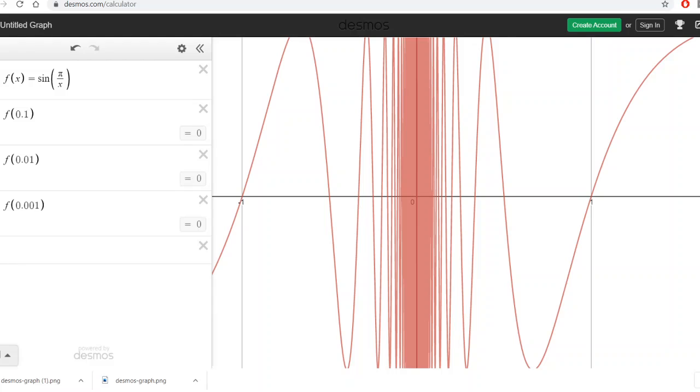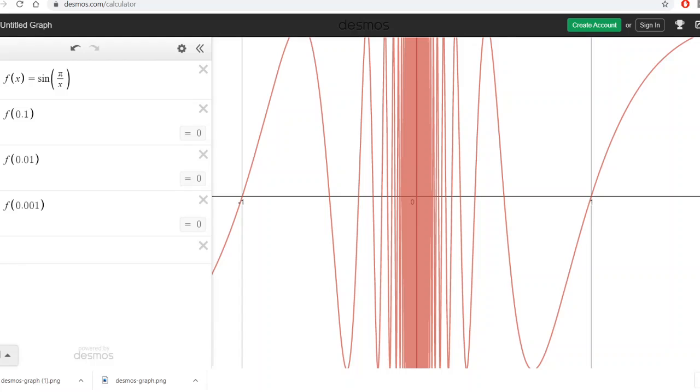But notice, even here I put f of 0.1 equals 0, f of 0.01 equals 0. So plugging numbers, it still appeared like you're getting 0, but the problem was we just happened to choose lucky examples. We thought we were just picking the easiest numbers to plug in, but we were actually picking numbers that specifically just kept giving us 0.